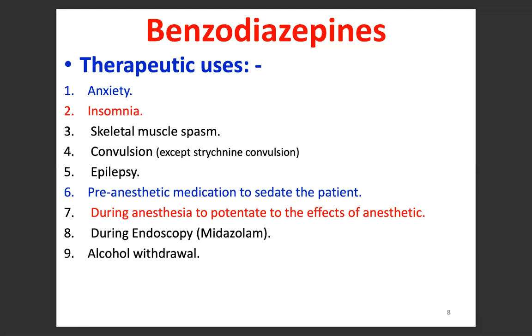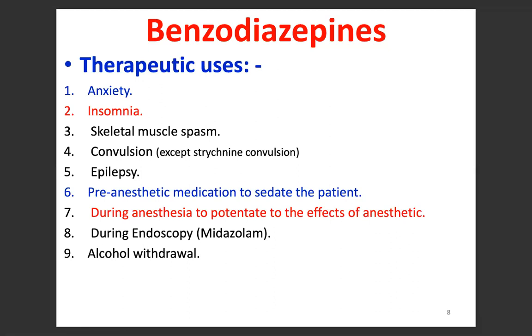During anesthesia, to potentiate the effect of anesthesia, it is also added to the anesthesia, generally used in the management of surgical procedures to relieve the pain and some loss of consciousness.